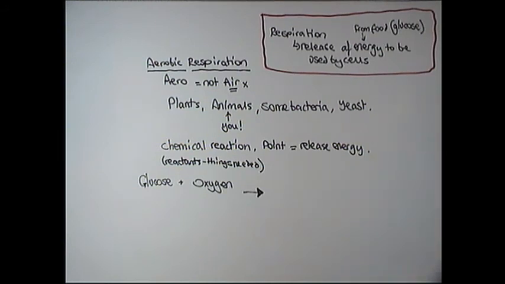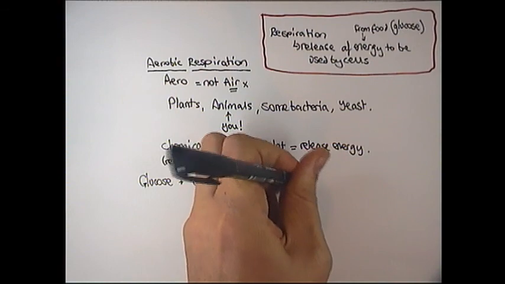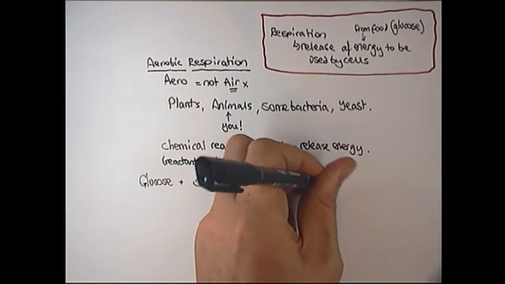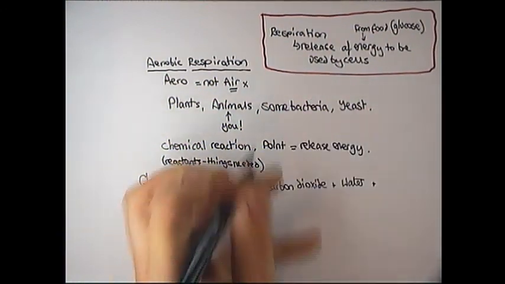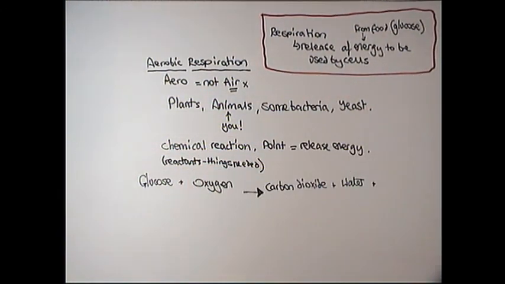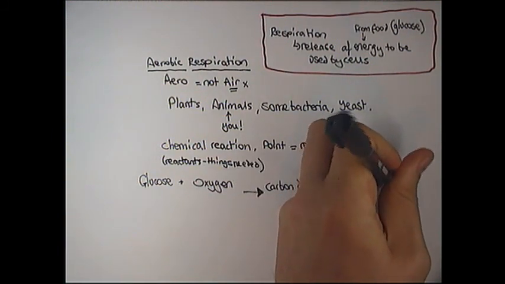On the right hand side of the arrow we've got the things that we're going to make, and we make three things with aerobic respiration. The first thing that we make is carbon dioxide. The second thing we make is water, and the third thing, which is the point of the whole thing, well, I shouldn't say we make it because you can't make it, the third thing we release is energy.